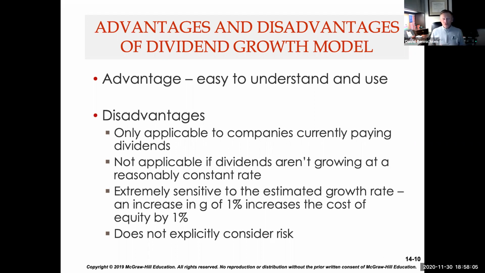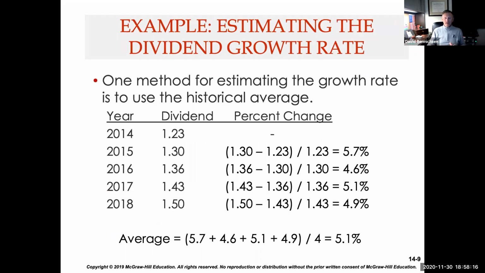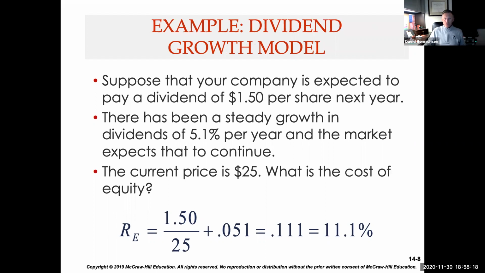Which leads us to the second method of determining the cost of equity. The dividend growth model is one method of determining the cost of equity, aka the expected return.